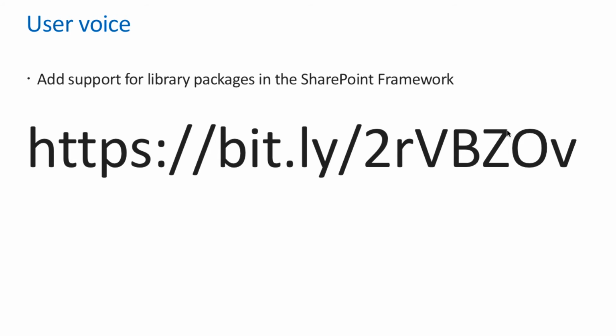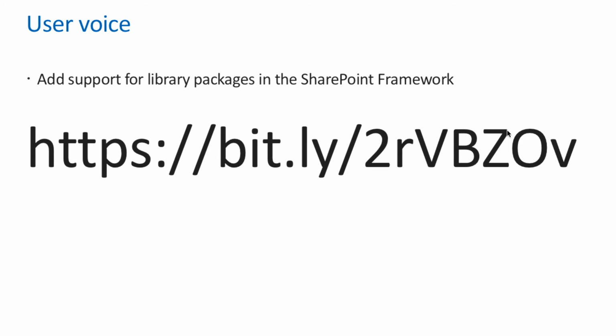I don't know if you noticed, but in the beginning, like 1 or 2 years ago when SharePoint Framework was released, Microsoft said that it was going to be possible to deploy packages as libraries, not only web parts. So libraries that could be used from other packages. But the truth is that it's not released yet. So if you can take a picture for this and vote. So this is the user voice for adding support for libraries.